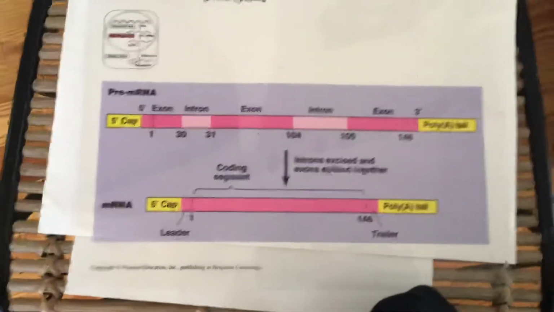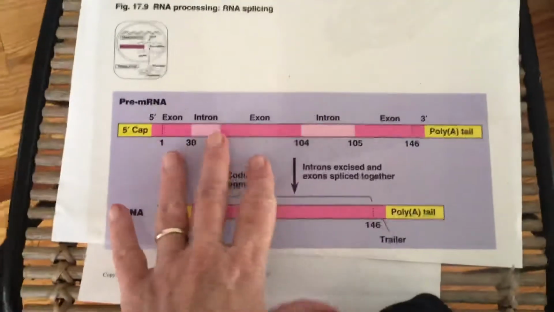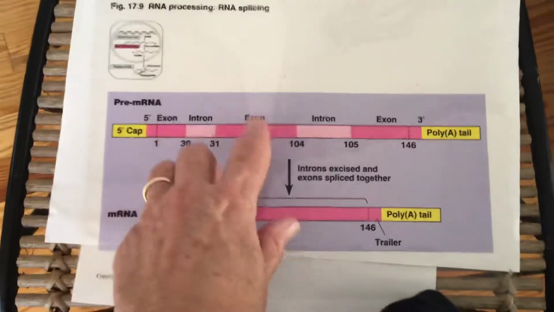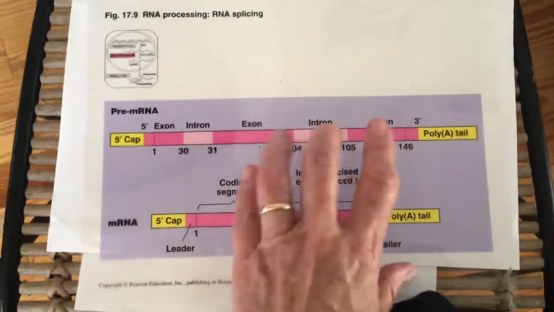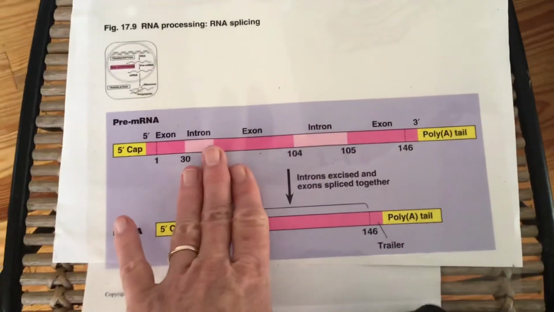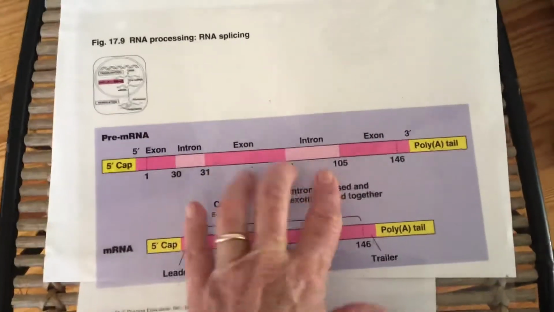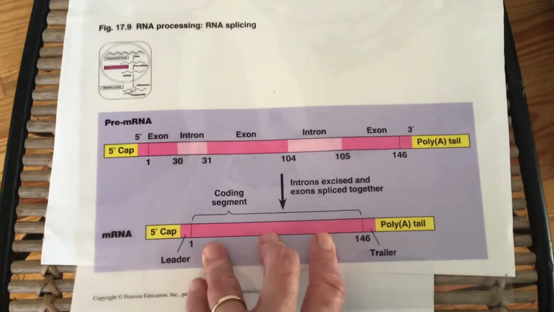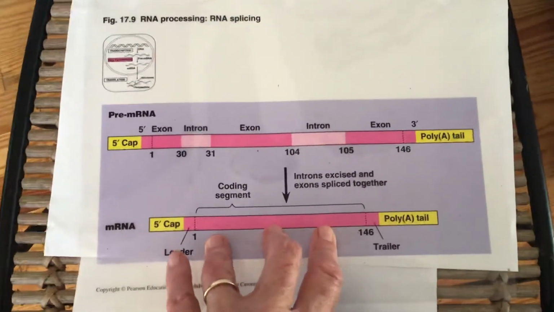But generally speaking, we have things called exons and introns. Exon, intron, exon. I copy that whole sequence, and then I have to cut out the introns, which are basically not used. So the exons are what's used, and the introns are going to be cut out.